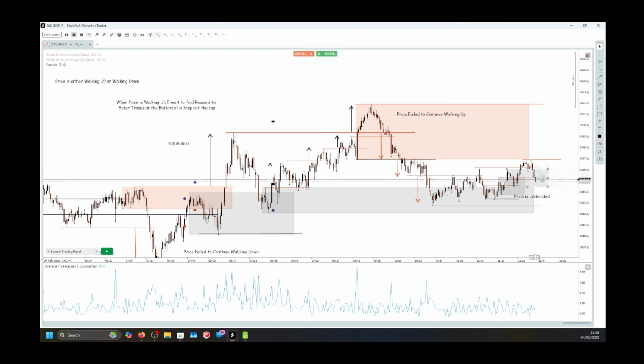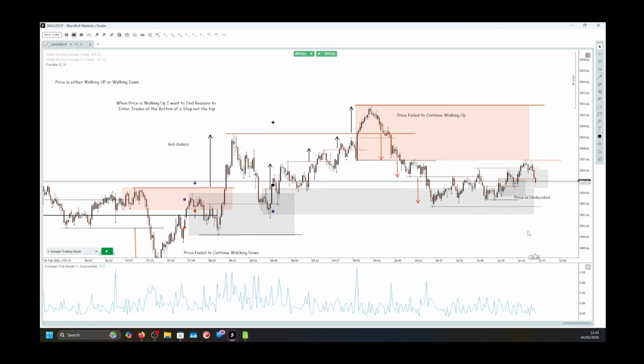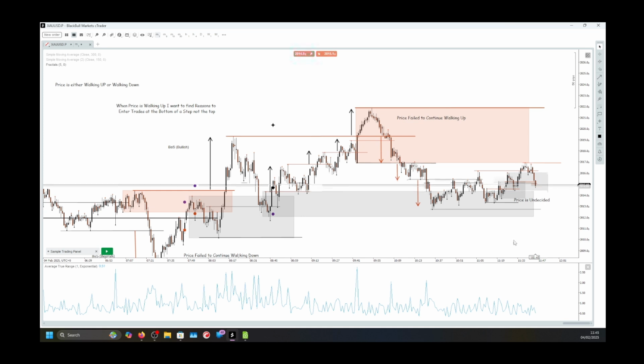We're now pulling back. So if I was going long now, I'd want to see a bullish reaction from here.